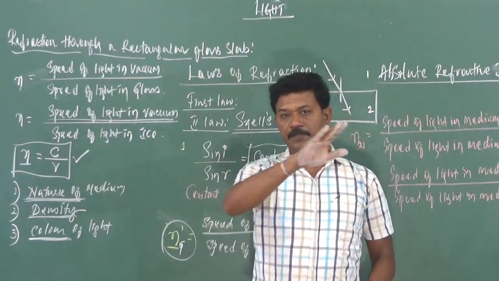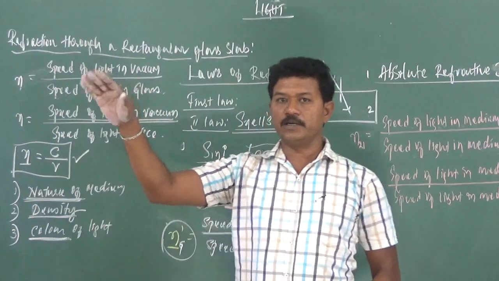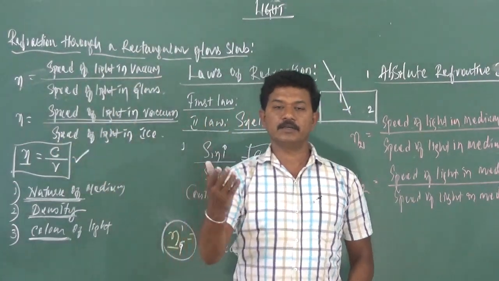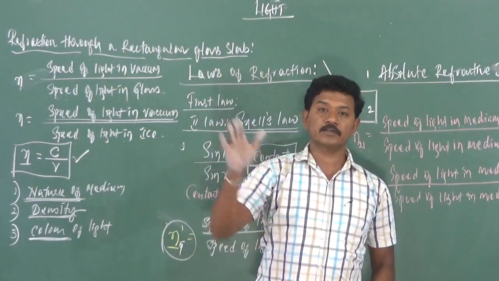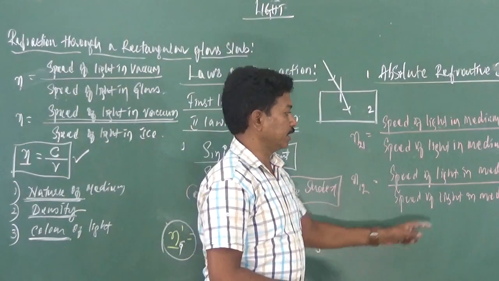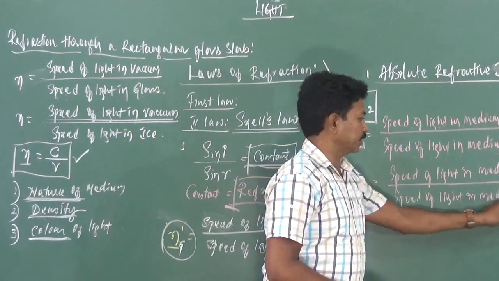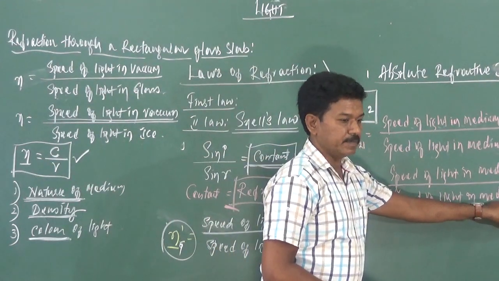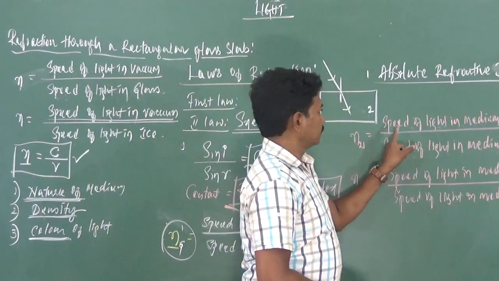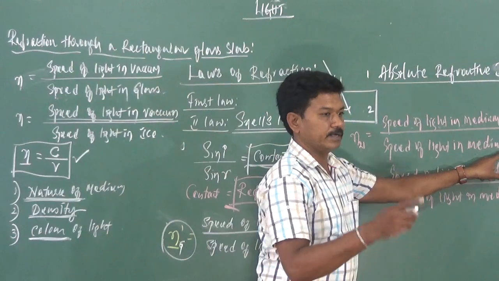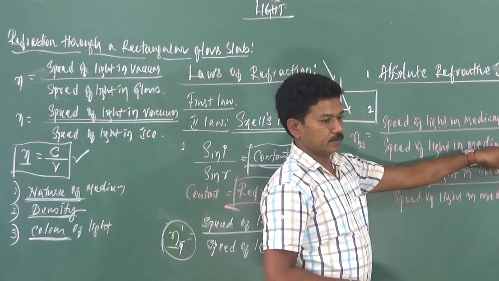The speed of light in medium 1 by the speed of light in medium 2 gives the relative refractive index of medium 2, which is in the denominator. So the speed of light in medium 1 by the speed of light in medium 2 gives the refractive index of medium 2.